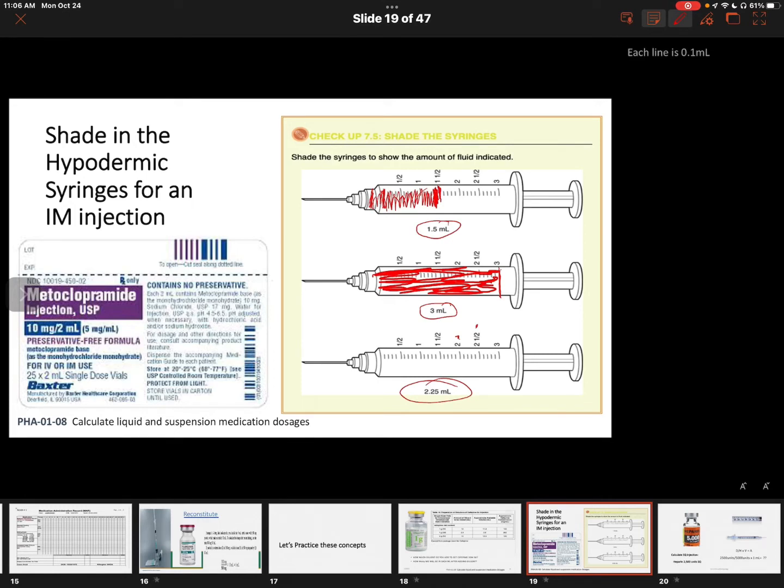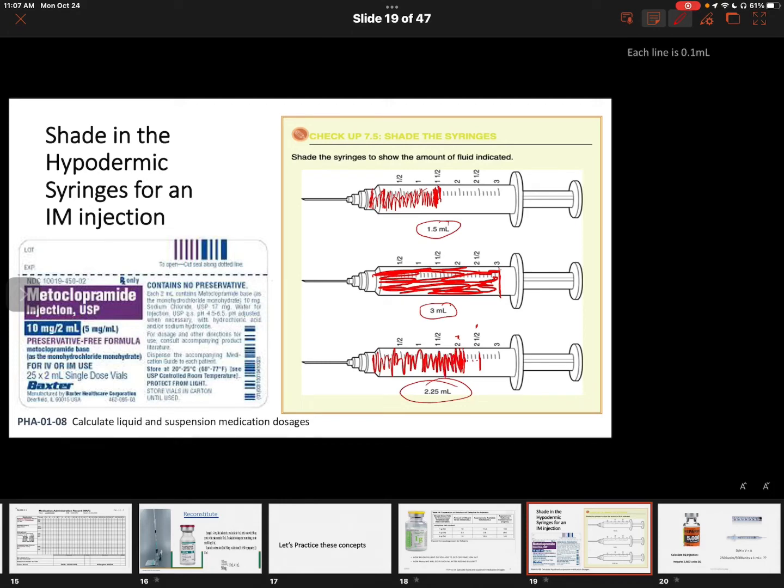So every line here would represent 0.25, because you have 1, 2, 3, 4 of those lines, and then you have 2.5 there. So if I was going to draw this up, I would draw up all the fluid up until that line.